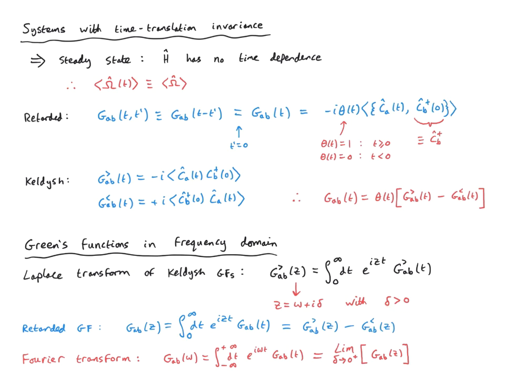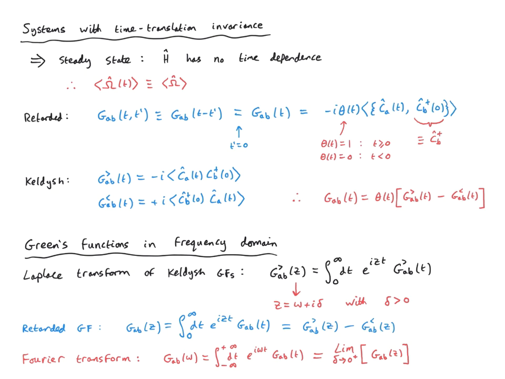Therefore, we can make the connection between GAB of omega and GAB of z by simply taking the limit of the latter as delta goes to 0. However, since delta is defined as being positive, we have to take this limit of delta goes to 0 plus. That means that delta remains positive, but it can become infinitesimal. In the end, we obtain the Fourier transform of the Green's function in the frequency domain.